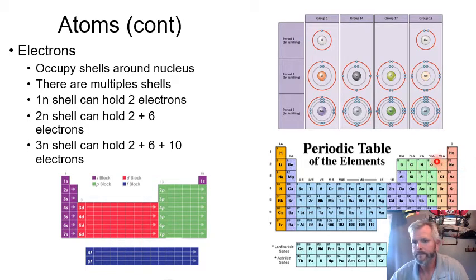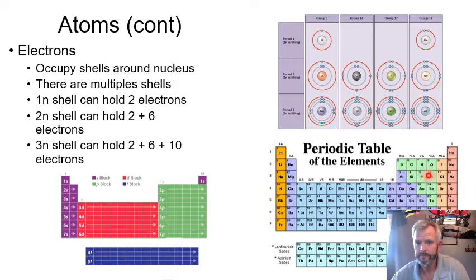Let's first look at, let's say, oxygen. How could oxygen be like neon electron-wise? What does oxygen have?